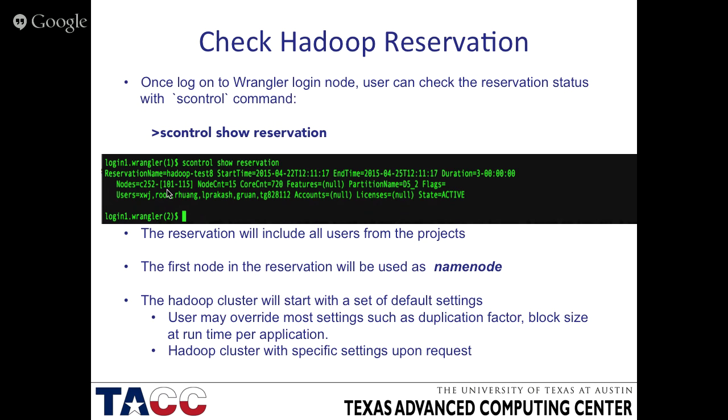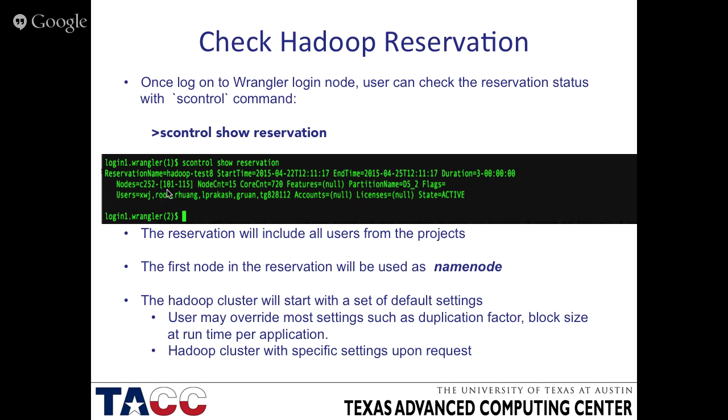If you need to override some settings, the Hadoop cluster allows you to override most of the settings dynamically when you're using them. When you're running a Hadoop command or an application, you may be able to adjust a lot of the settings that way for that particular application.